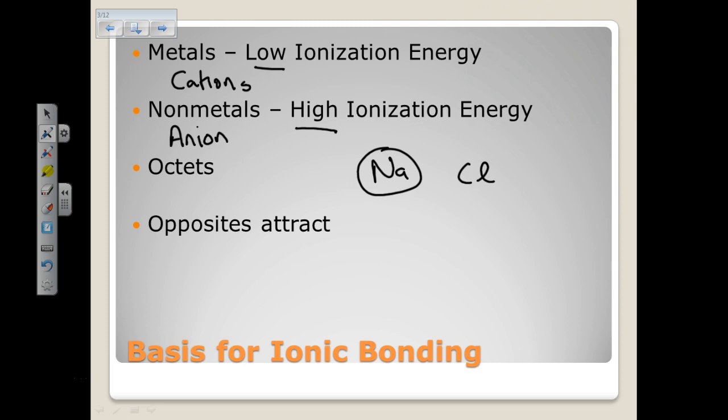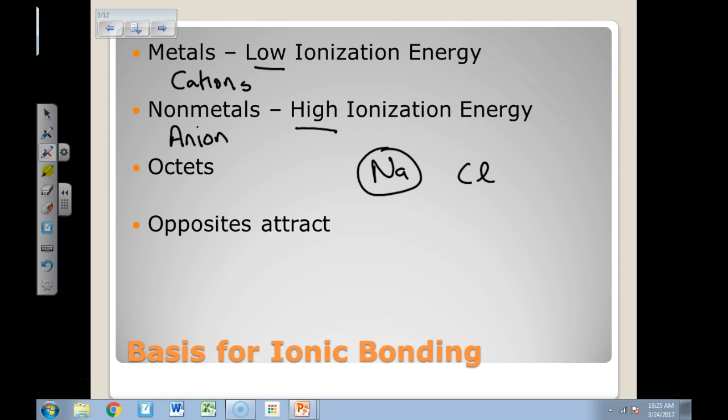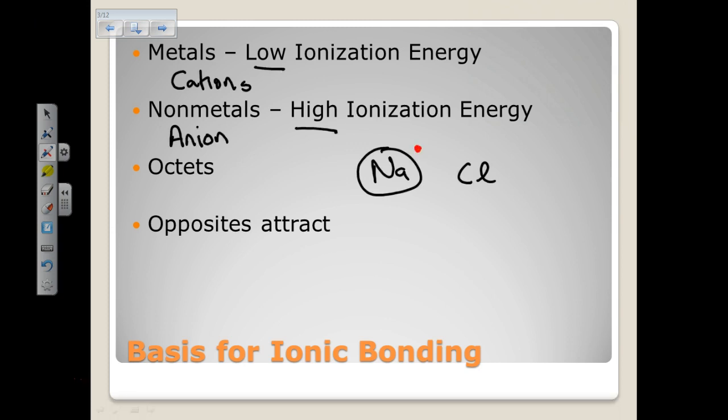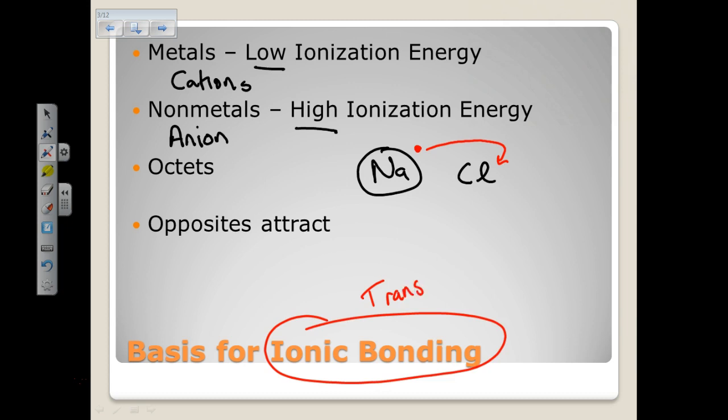But that one electron that sodium is going to give up has to go someplace. Well, it's going to go to chlorine. That transfer of electrons is what ionic bonding is.